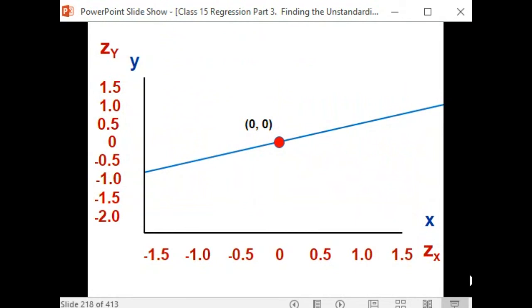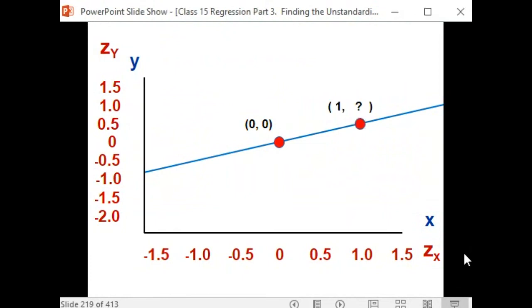The axis on the bottom of the scatter plot shows the z of x, and the axis on the left side shows the z of y. The point of averages is the point where the z of x equals 0 and the z of y equals 0.